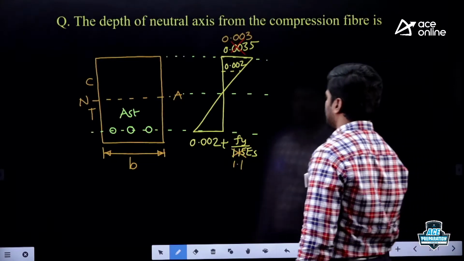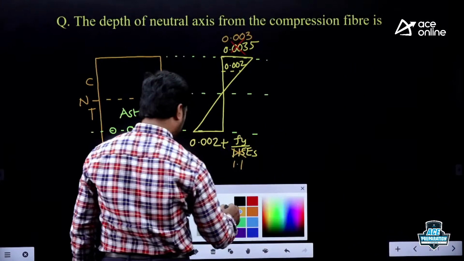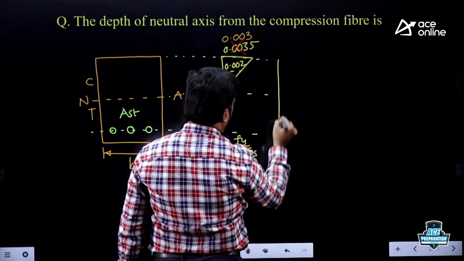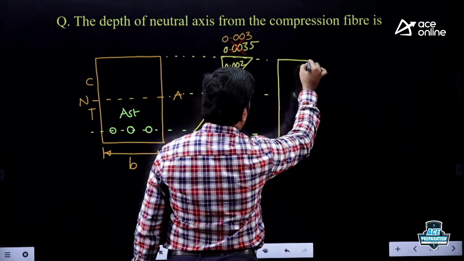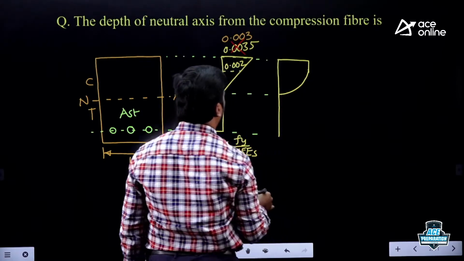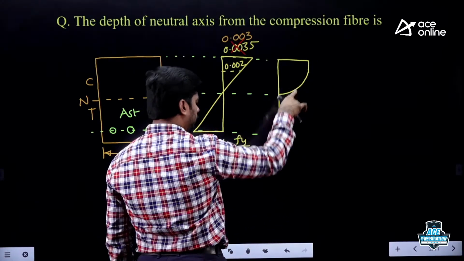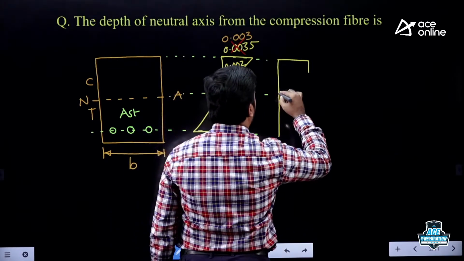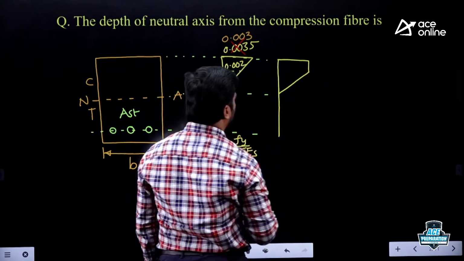Let us check the stress diagram for this case. This is the stress block. Actually here the parabola is modified. In place of parabola, they have given a straight line.